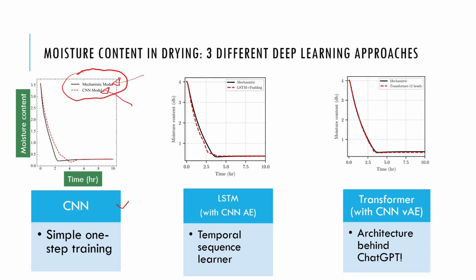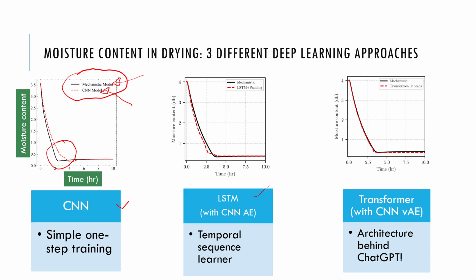So you can see places where there are deviations. And then the deviations improve as we go to another type of AI model, in this case called LSTM, long short-term memory. You can look up, lots of people are working on these.